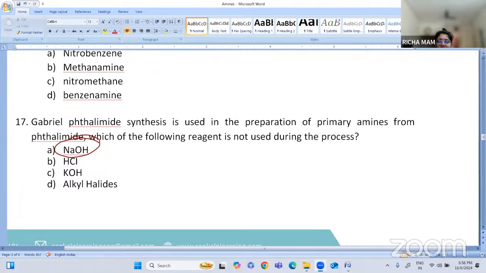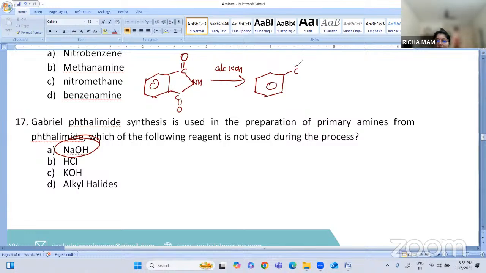We are using phthalimide, right? So how is the reaction? We take phthalimide, this is our phthalimide. This phthalimide, we are treating it with alcoholic KOH.